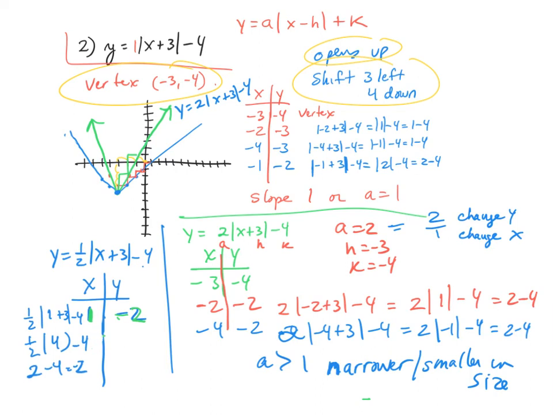If we pick 3, 3 plus 3 is 6. 1/2 of 6 is 3, and 3 minus 4 is -1. So I have a point at 1, -2.